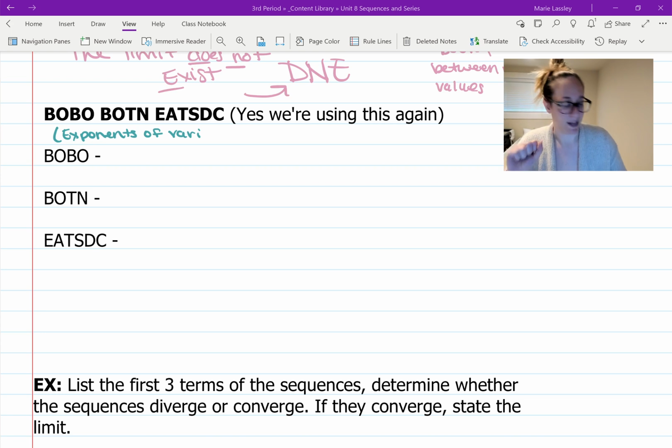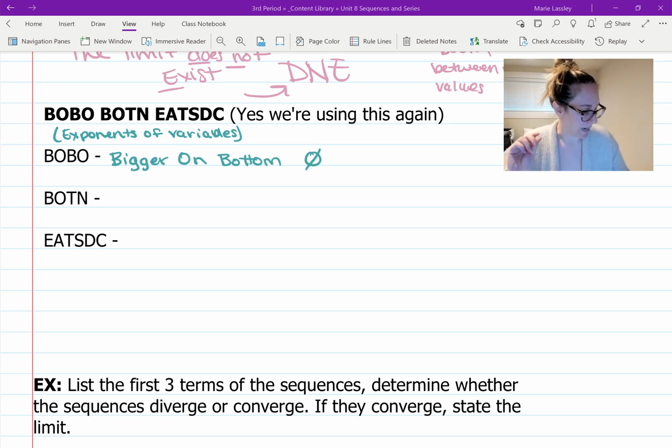So if the biggest exponent is on the bottom, your limit is 0.